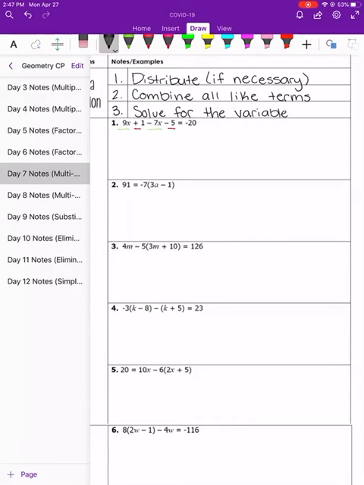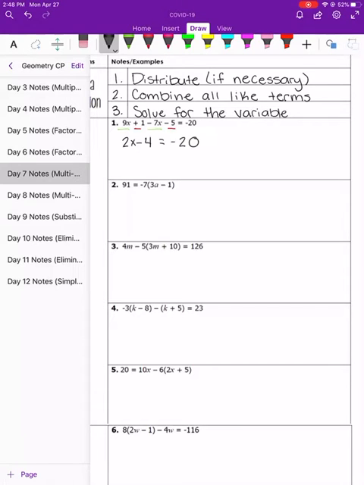Okay, so these can combine together. So 9x minus 7x gives me a positive 2x. Positive 1 minus 5 gives me a negative 4. And I have nothing to combine on my right side. So that's going to stay as negative 20.